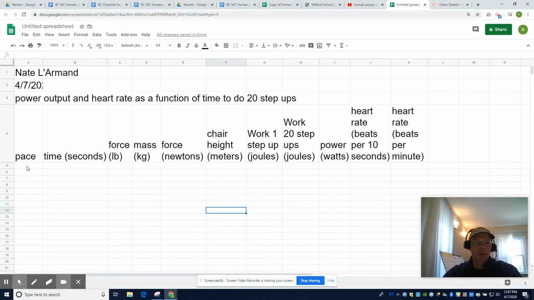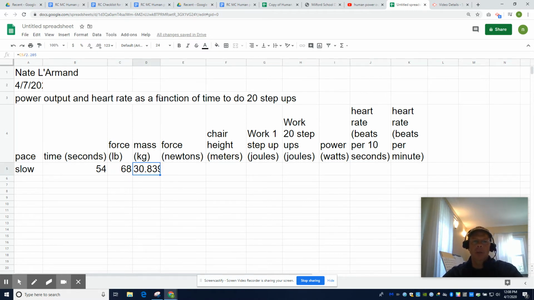Okay, so let's actually enter some data. I think Sid's first set was slow. It took him 54 seconds. He weighs 68 pounds. Let's see, how many kilos is Sid? So you do pounds divided by 2.205.